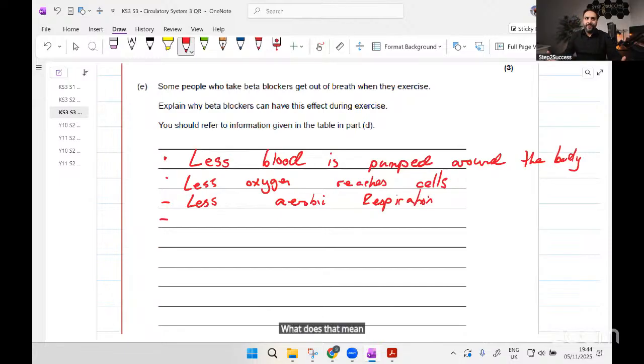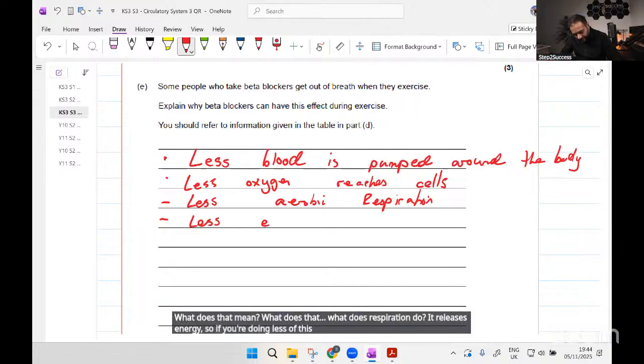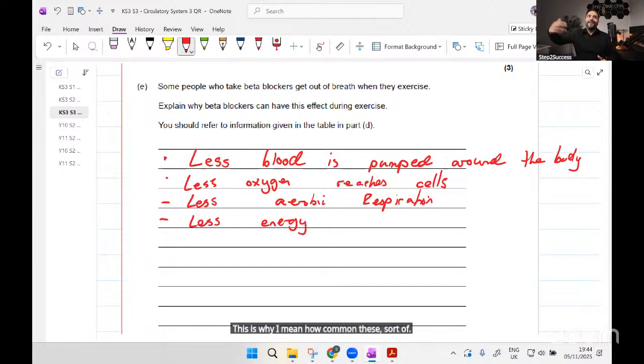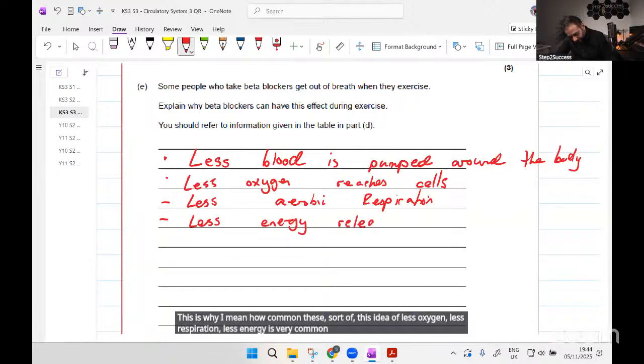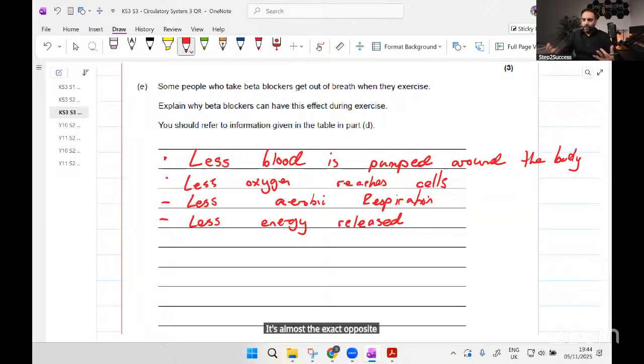It releases energy. So if you're doing less of this, you will release less energy. This is what I mean, how common this idea of less oxygen, less respiration, less energy is in many questions. It's almost the exact opposite of that other question that we saw earlier when you were getting more oxygen around your body. Let me just check what else we want to say for this question.